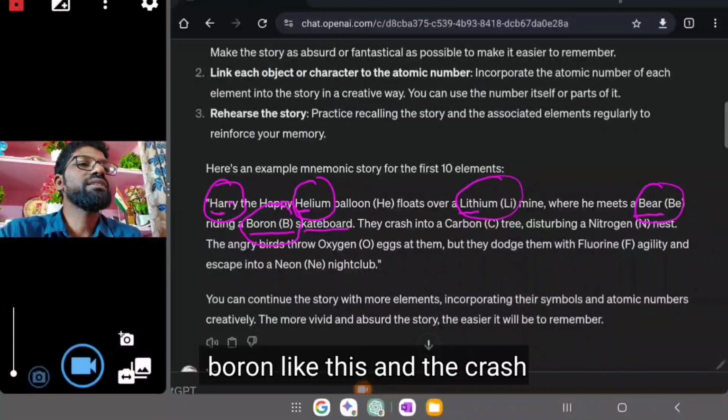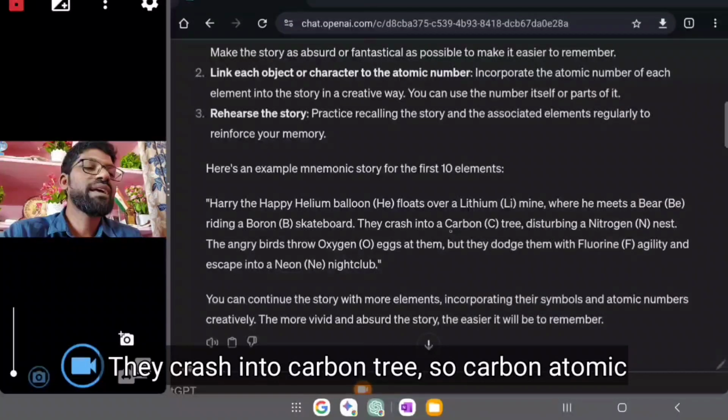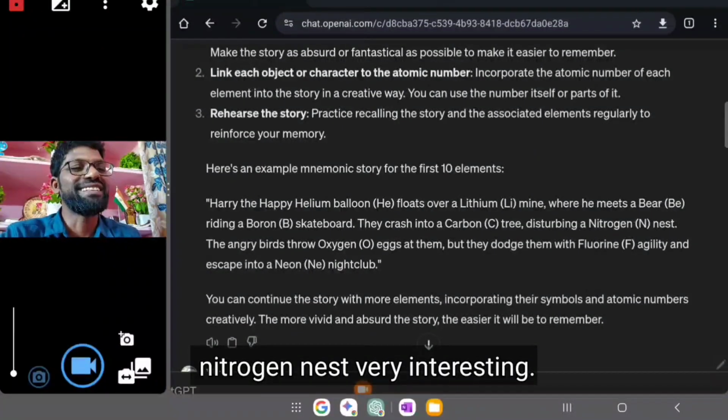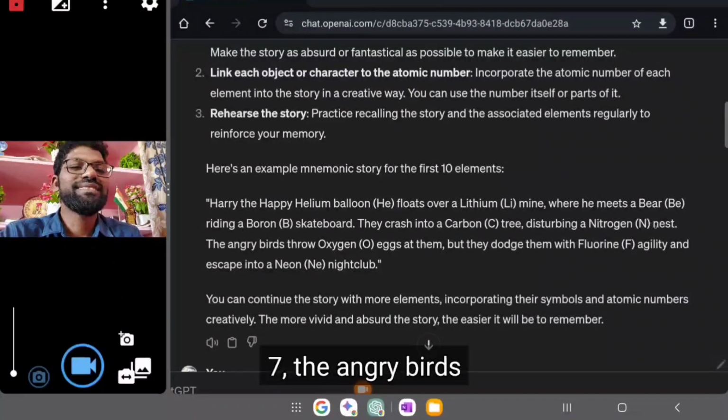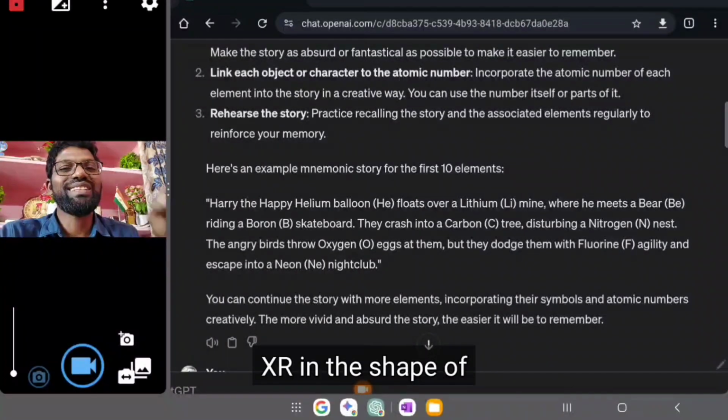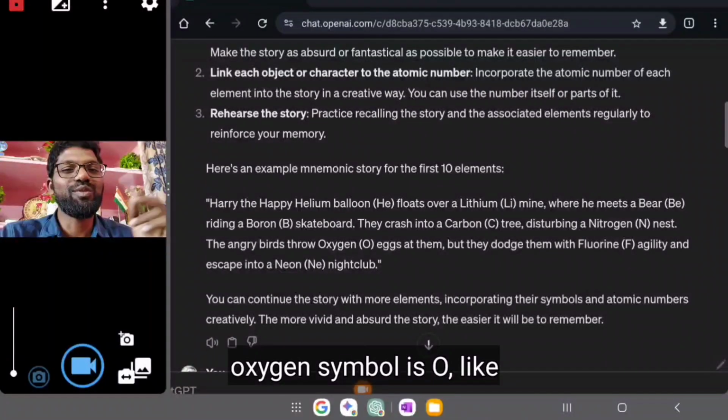And they crash into a carbon tree, so carbon, atomic number 6, and disturb a nitrogen nest, very interesting. So nitrogen 7, the angry birds throw oxygen X. The X are in the shape of the oxygen symbol, O, no?